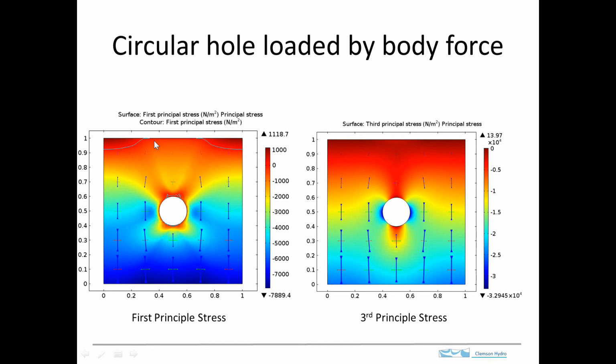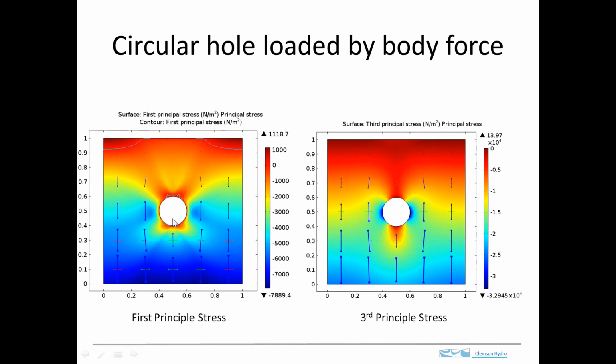This is at the ground surface, and you can see this red color comes down here, and the hole has zero stress applied to it. The first principal stress is essentially zero around the hole. That contour right there is the zero contour. That's not too surprising because that's the stress that we apply to it.